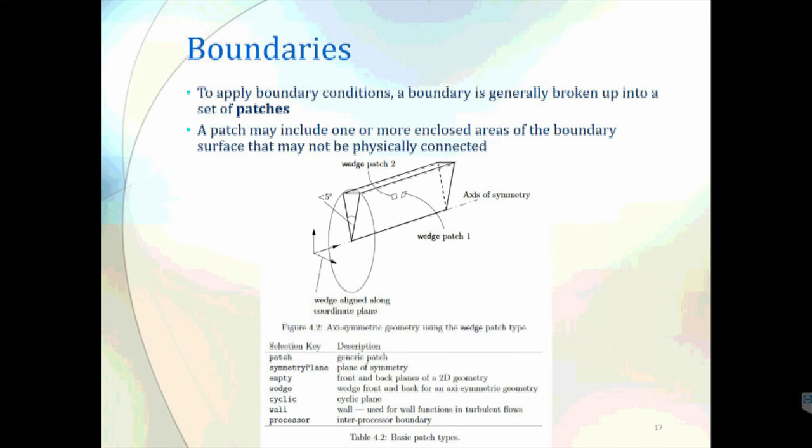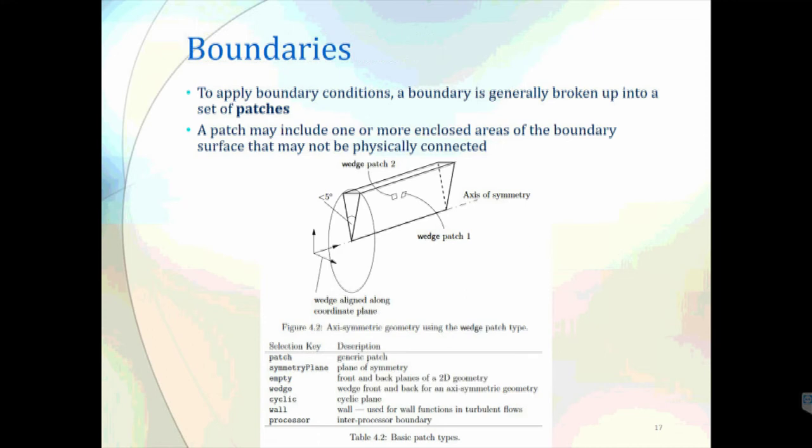And this is the list of the basic patch types. Of course, there is a generic patch. Then we have a plane of symmetry described by symmetry plane, and this is the empty boundary condition which we are going to use in our case to define the third direction. The third dimension is empty. And of course we will need the wall boundary condition.